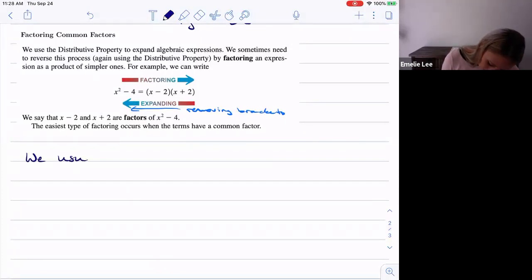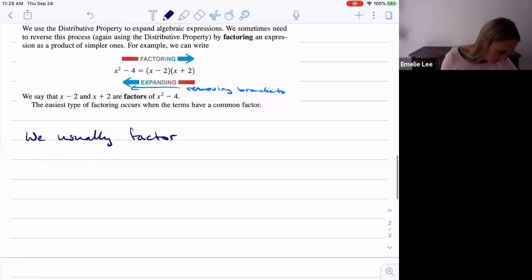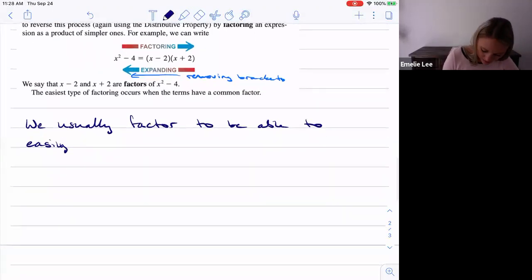There are other uses for factoring, but usually we factor to be able to easily cancel a term or terms.